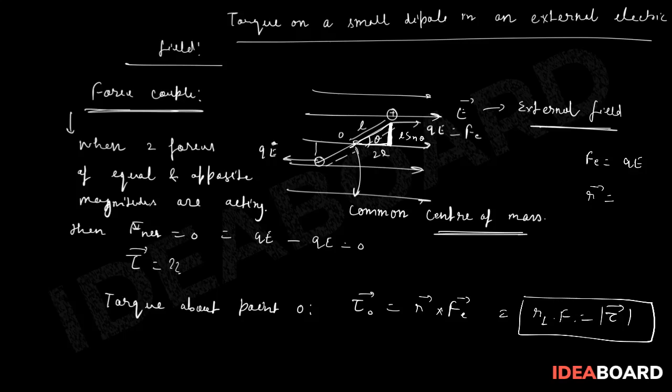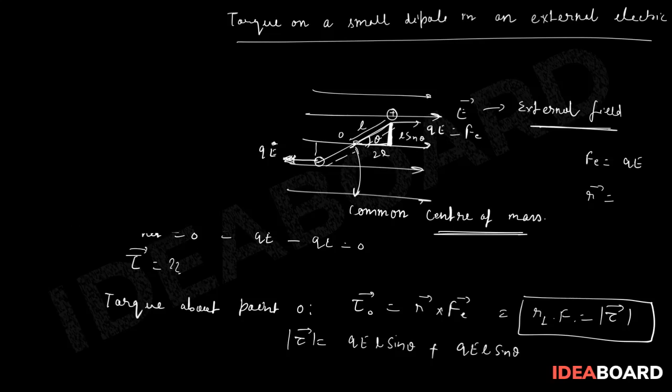So the value of torque is QE into L sin theta, correct? Now basically this is because of one force, right? So how many forces do we have? We have two forces. Because of this negative force in the opposite direction, that would also give us QEL sin theta, correct?